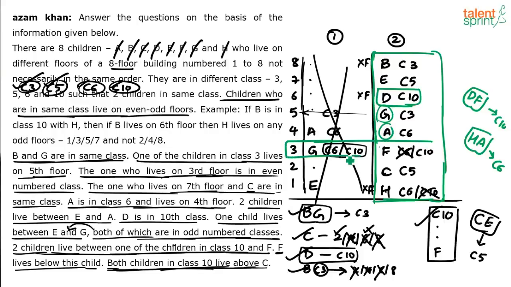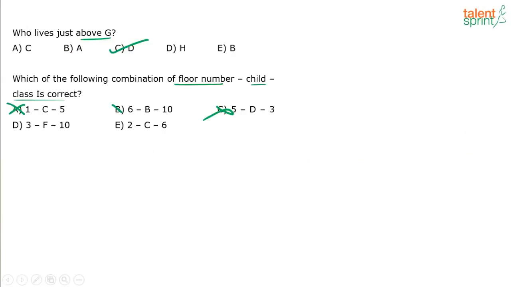Third floor, F and class 10. 2C6 is wrong. 2C is correct, but it is not C6, it is C5. So 3F10, option D is the answer.